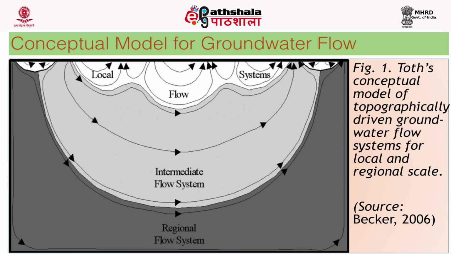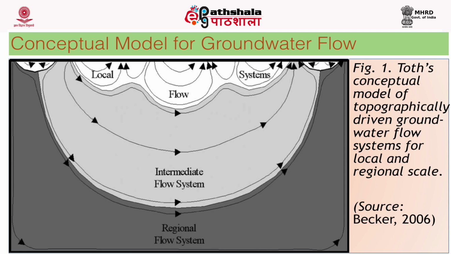In the local scale, if you look at this picture, in the upper part you can see these local flow systems, where the arrow mark indicates the flow direction. These local flow systems and their flow direction mainly depend upon the topographic variation of that particular region.